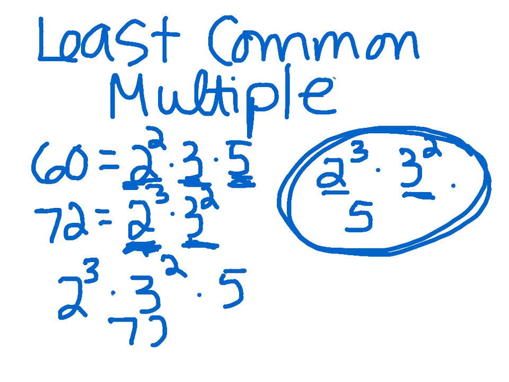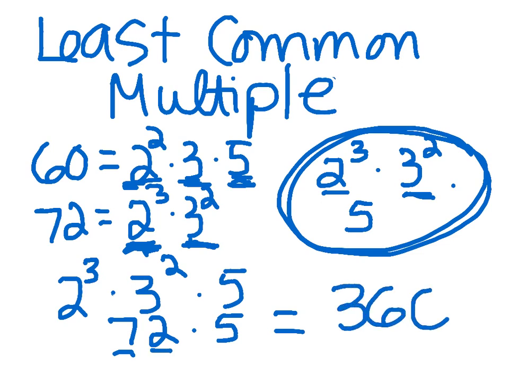In other words, 72 times 5, which can be a little bit hard to compute if you don't have a calculator, but if you think about it, 7 times 5 is 35. So 70 times 5 is 350, and 2 times 5 is another 10. So that makes the least common multiple 360.